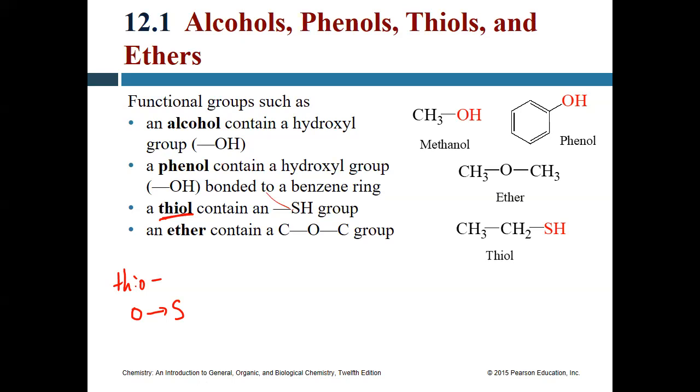The last group in this kind of subsection is an ether. Ethers are characterized by having an oxygen inserted into the middle of that carbon chain. And that's unique. There aren't any compounds that exist other than ethers that do this specific thing.